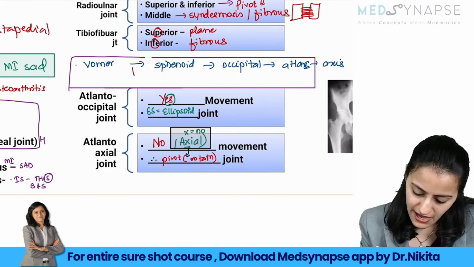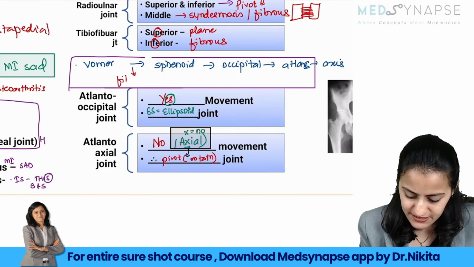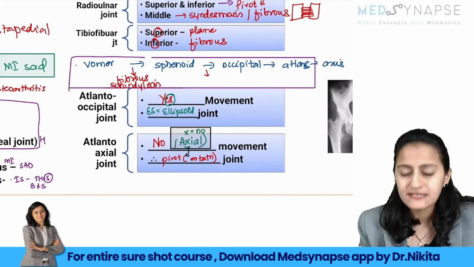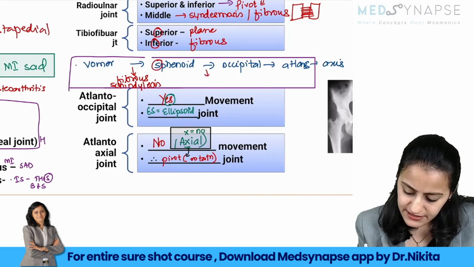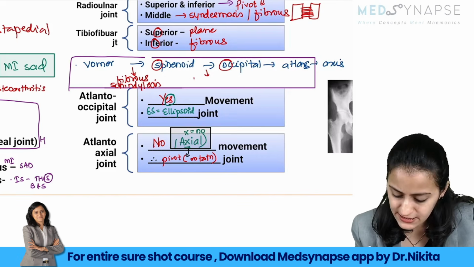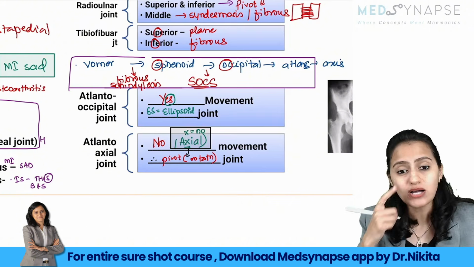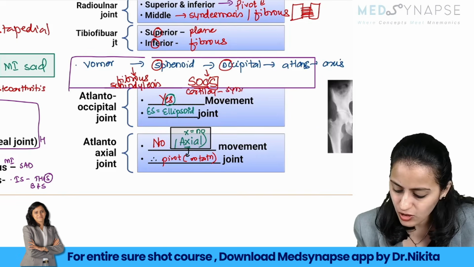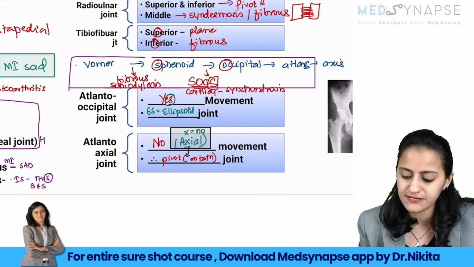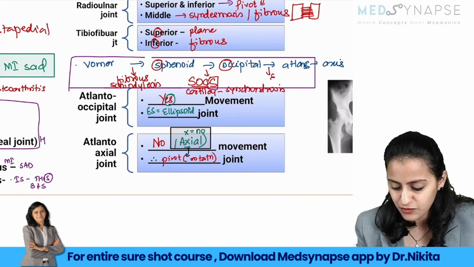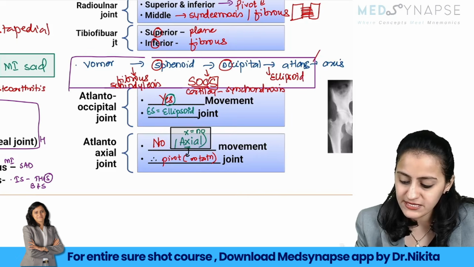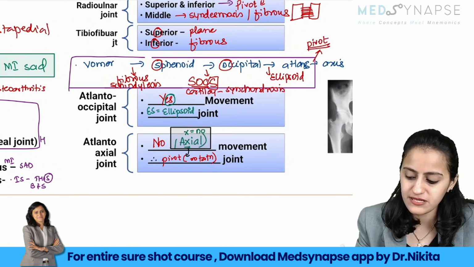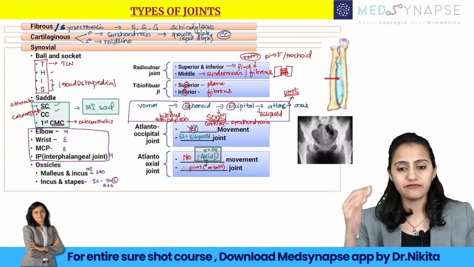Vomer and sphenoid is a fibrous joint, Schindylesis. Sphenoid and occiput, remember SOC, socks ka S, is a cartilaginous joint, that is synchondrosis. Occiput and atlas, the yes movement, is the ellipsoid joint. Atlas and axis is a no movement, this is a pivot joint.